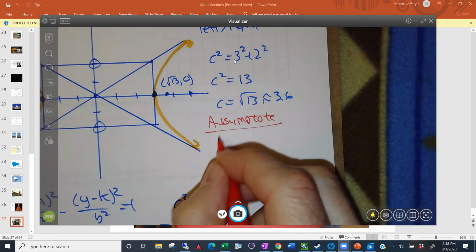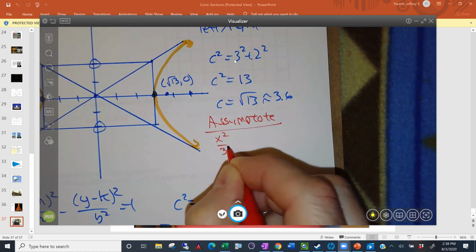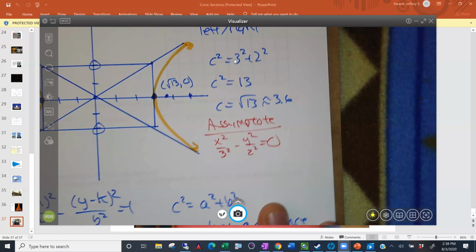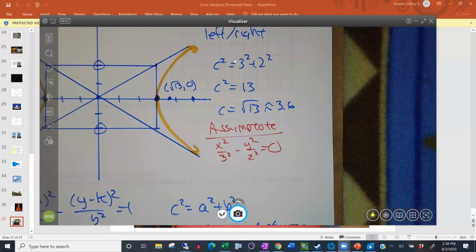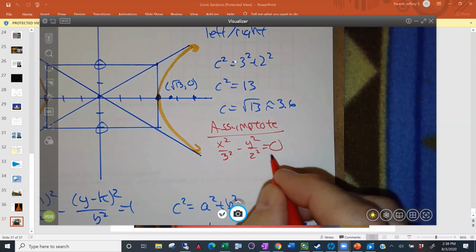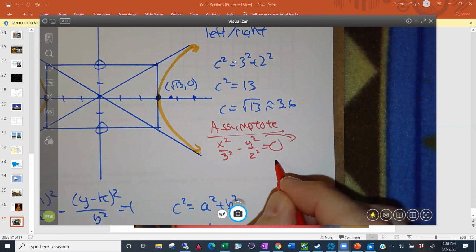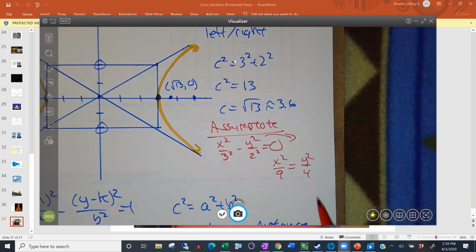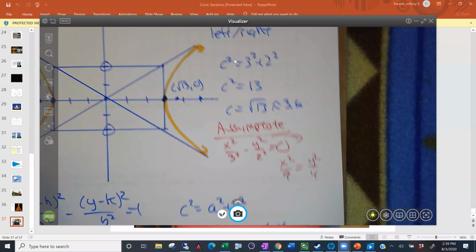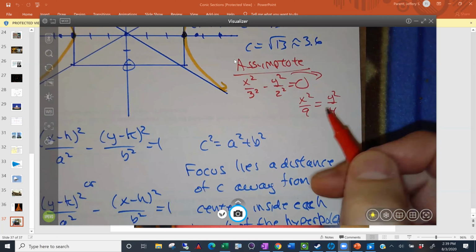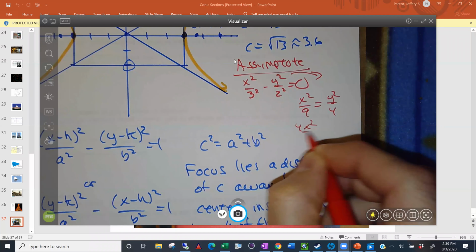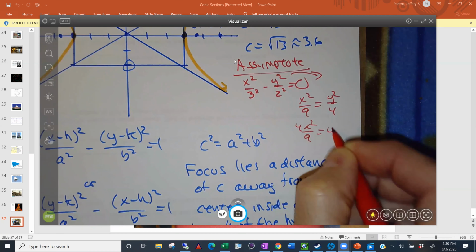So if I take x squared over 3 squared minus y squared over 2 squared equals 0, and then solve for y. Let's move that to the other side. X squared over 9 equals y squared over 4. Multiply both sides by 4. I get 4x squared over 9 equals y squared.